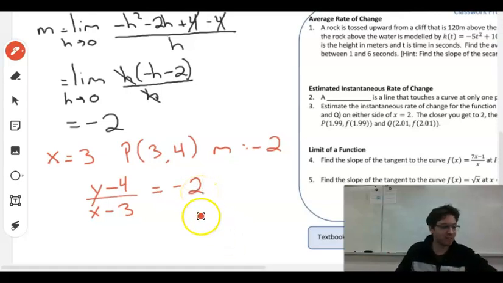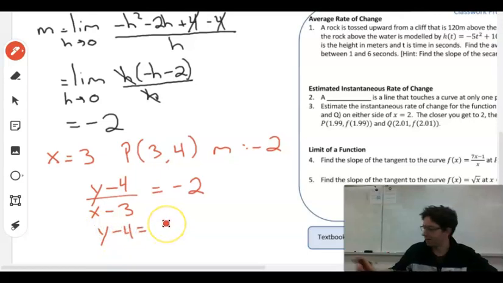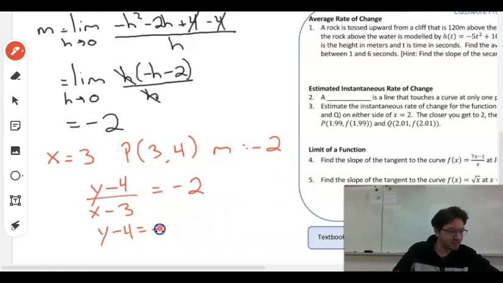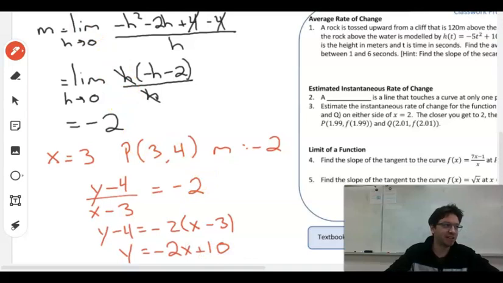That's the slope of our line. So now we just rearrange this, so that gives us y minus 4 equals negative 2 times x minus 3. We can expand that, bring the 4 over, and we'll get y equals minus 2x plus 10. So there's the equation of the tangent.